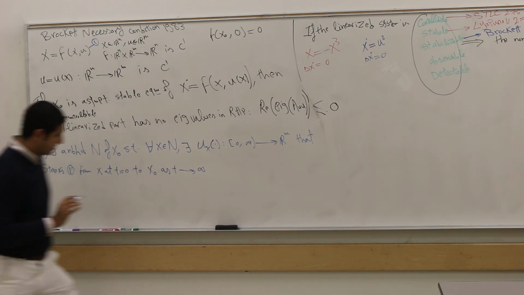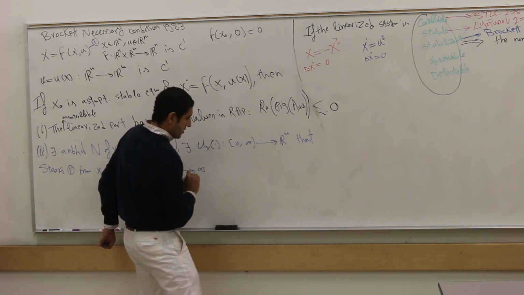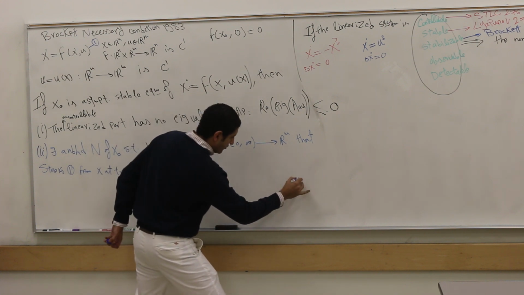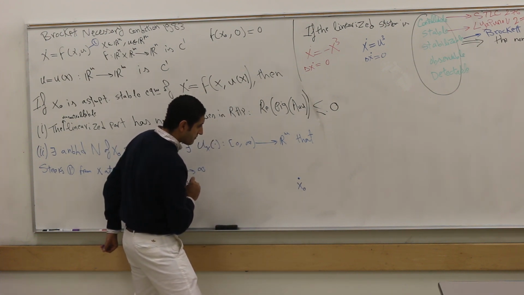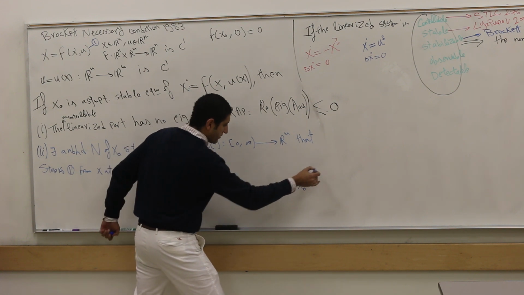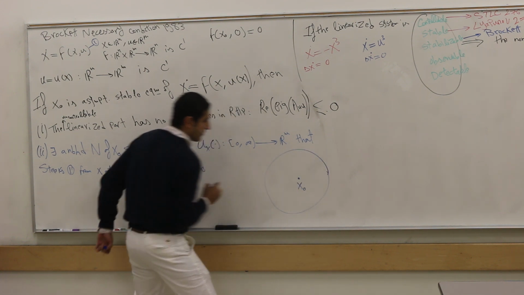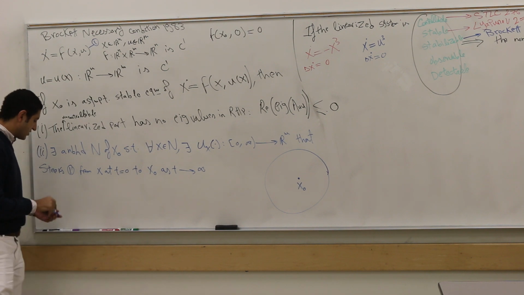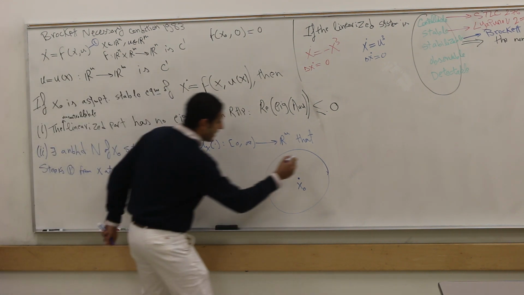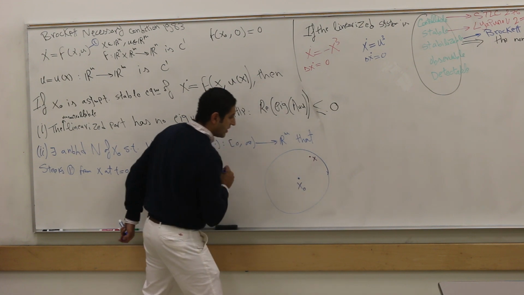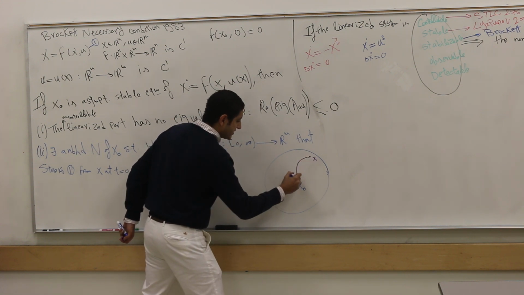Please take your time to digest this. So here is x naught, your equilibrium. We require the existence of a neighborhood such that for any point x in that neighborhood, I have a control that sends me here.